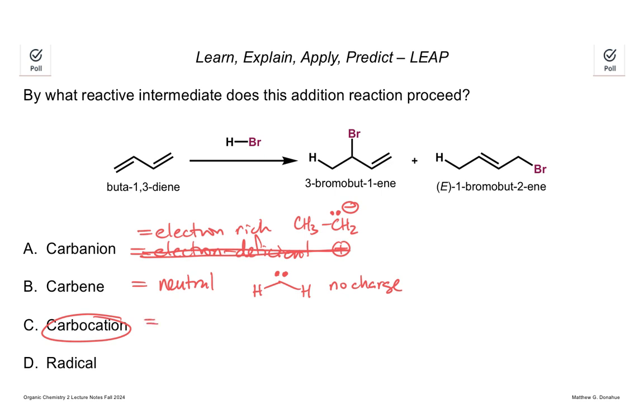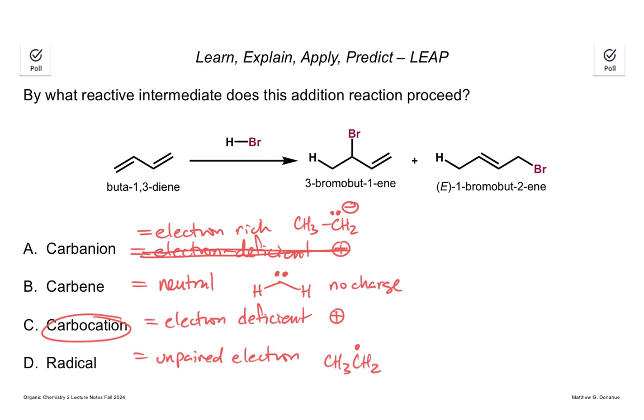The carbocation is electron deficient. So those will always have a plus charge. And a radical has an unpaired electron. So that's something like CH3, CH2, and then just a dot.